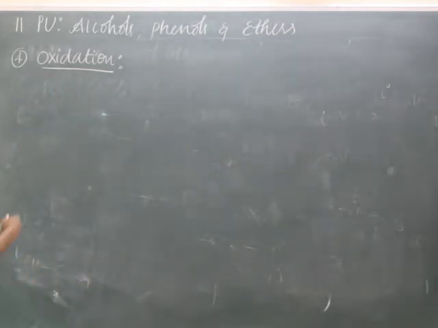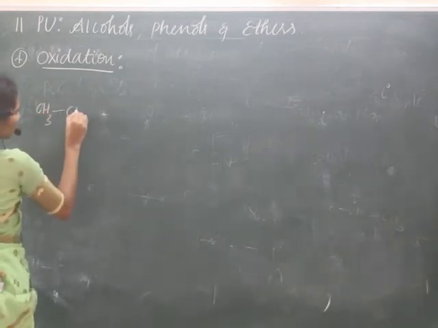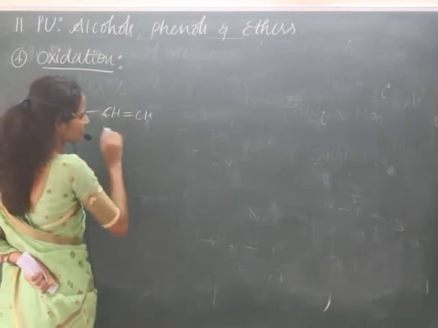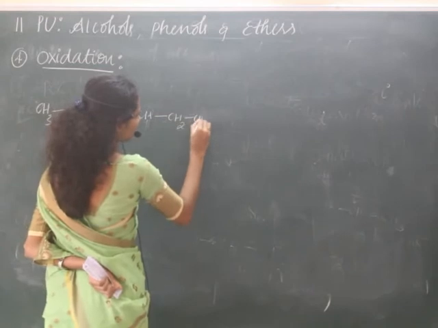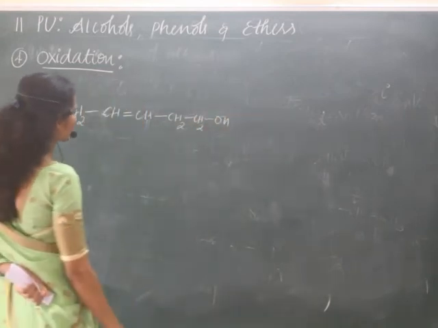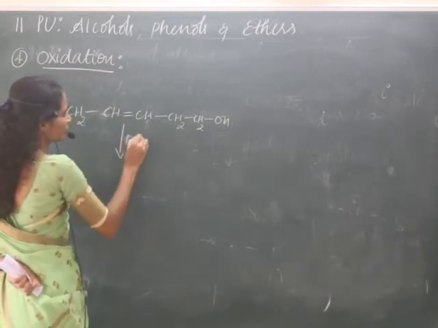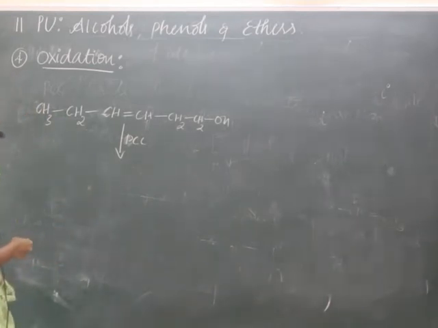So, any primary alcohol, like CH3, CH2, CH double bond CH, this kind of compound, can be converted into the respective carbonyl compound.